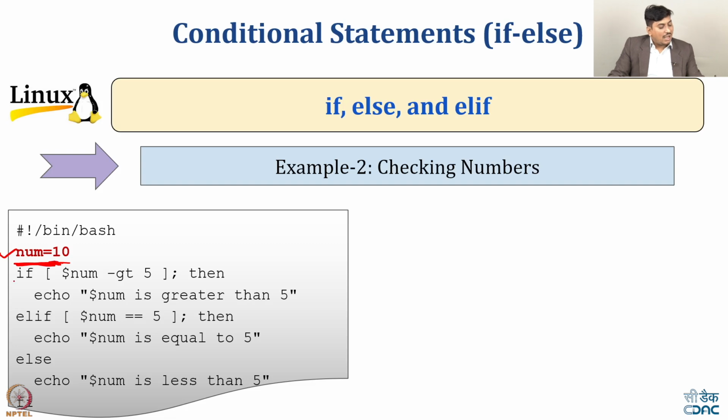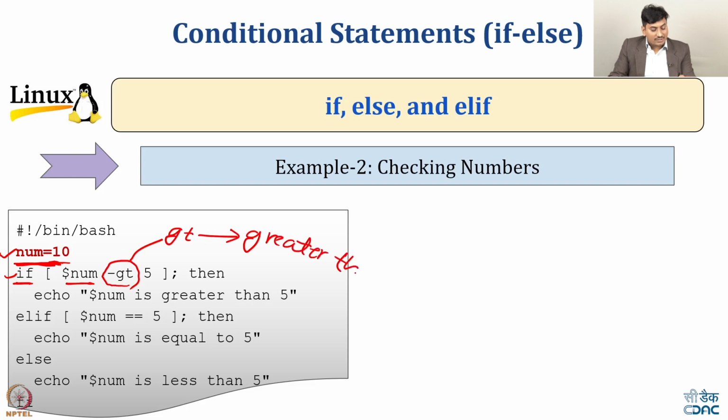Then I am checking with the if keyword whether this variable is greater than 5; this GT means greater than. If this condition is true, then execute this section. And what is that section? Echo number is greater than 5.